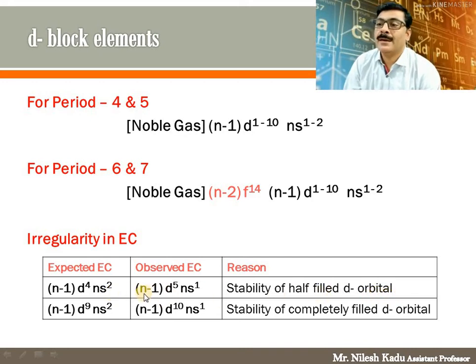So the expected electronic configuration is converted into (n-1)d5.